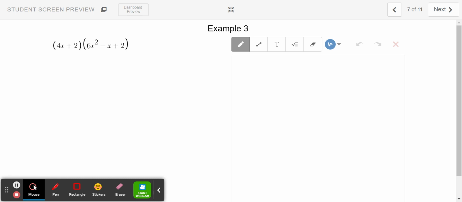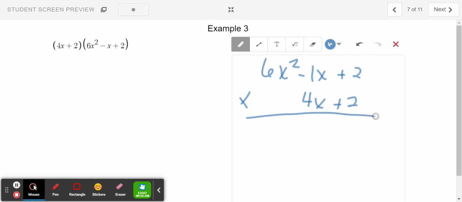Okay, so I'm going to go ahead and put 6x squared minus x plus 2. And remember that there's an invisible 1 right there. And I'm going to line this up, 4x plus 2. And I'm going to do this just like a regular multiplication problem.